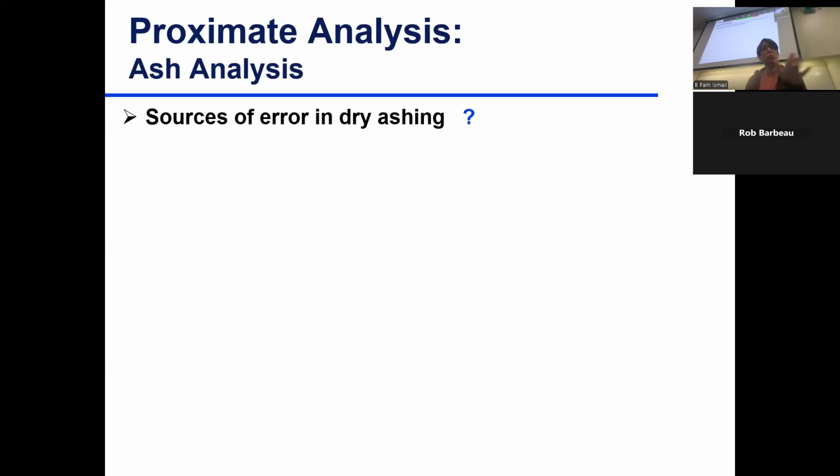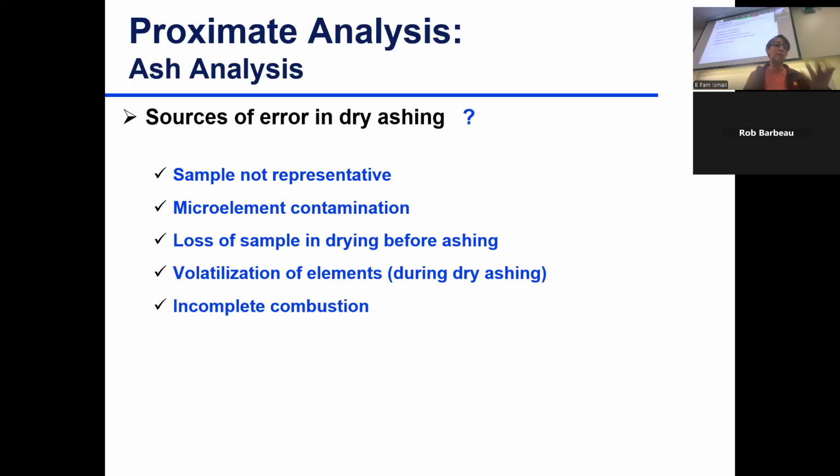So this is different than moisture, right? The organic matter leaves and you weigh the ash content. If you still have organic matter, you overestimate your ash. If you lose volatile minerals like iron, zinc, copper, phosphorus, you get underestimation. The weight will be less. So these are sources of error. Sample not represented. This is a problem for everything really when you do analysis.